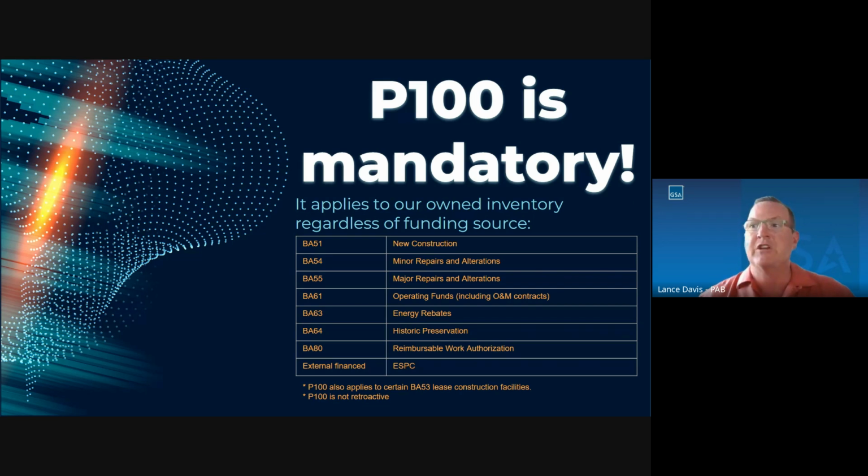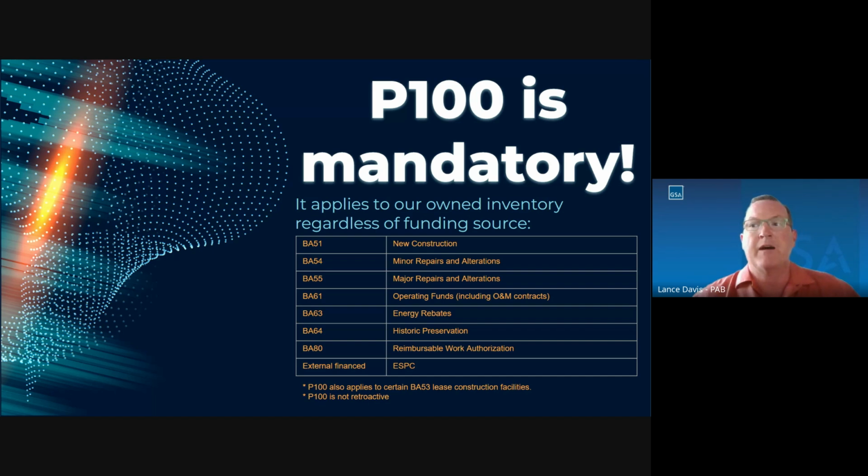A couple footnotes as it relates here. P100 does apply to certain BA 53 lease construction facilities. As noted in P100, a conversation between the leasing agent and the chief architect needs to happen about how P100 is going to be applied.